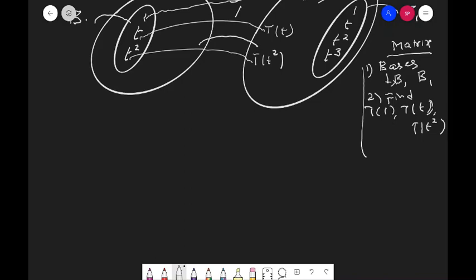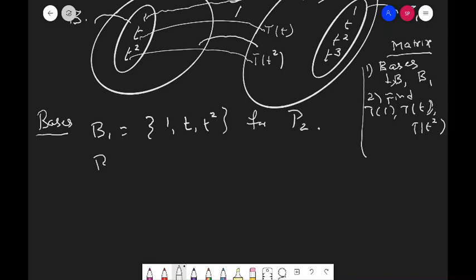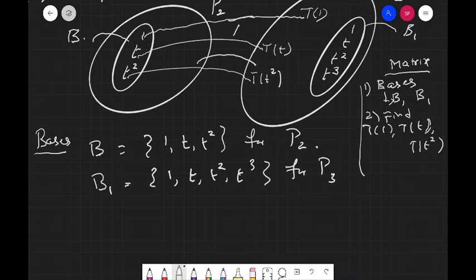So first to find the basis, what do we have? B is 1, t, t square for P2, and another one I am taking as B1: 1, t, t square, t cube. This is for P3. What is the codomain here?